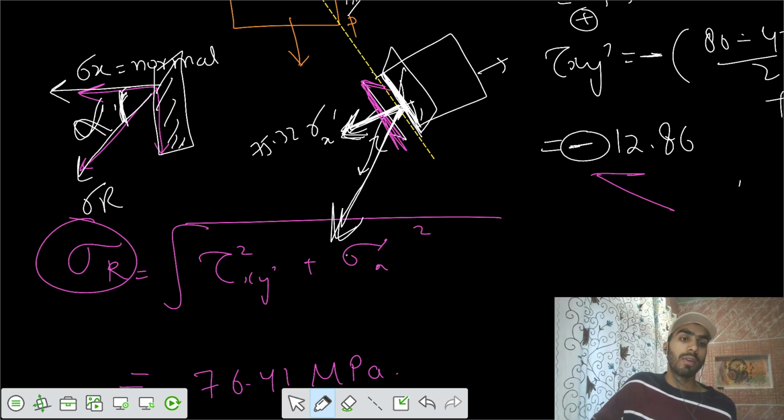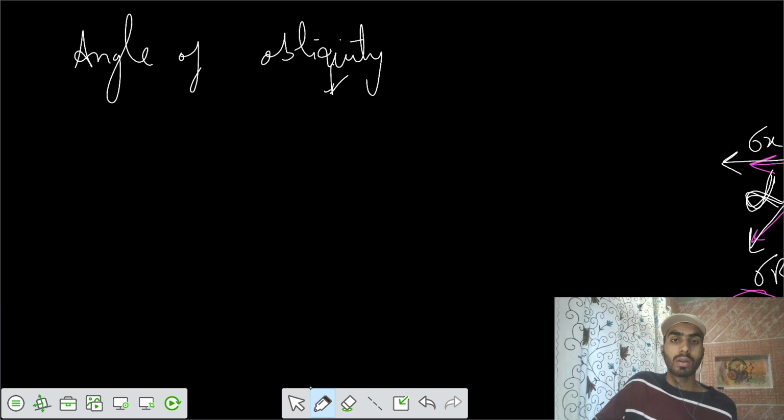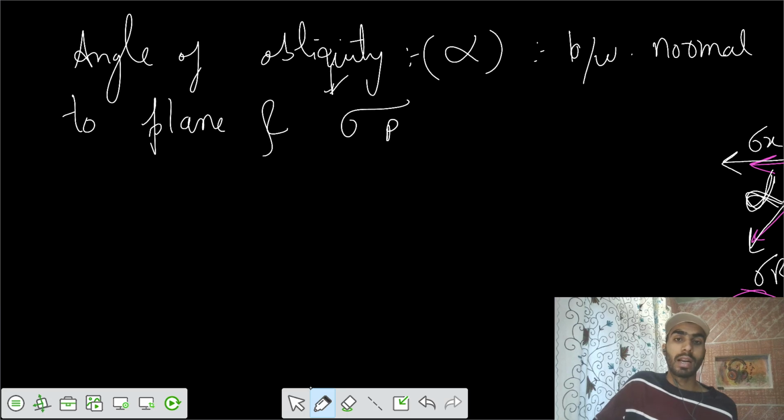That we call alpha, and that's called the angle of obliquity. So alpha is the angle between the normal to the plane and the resultant stress on that plane.